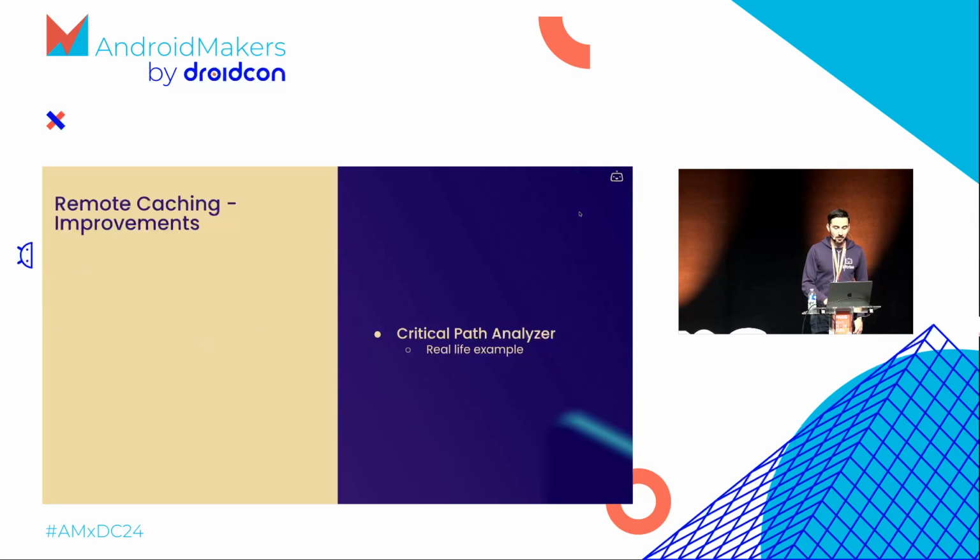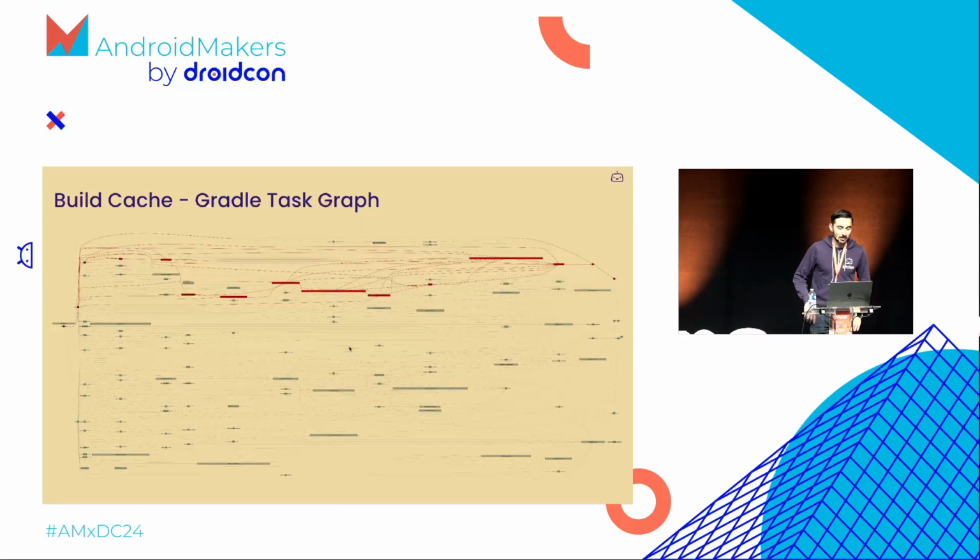Yeah, and basically what we were using is a critical path analyzer where we are looking at the different Gradle tasks that are running during the build, identifying which are dependent on each other and which are the ones that are basically taking the longest. And let's have a look at how this looks.